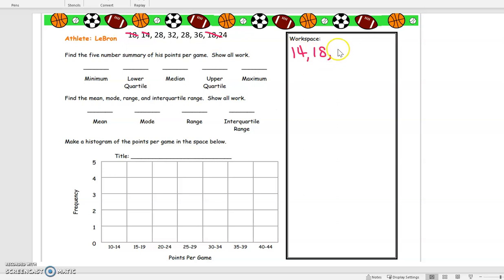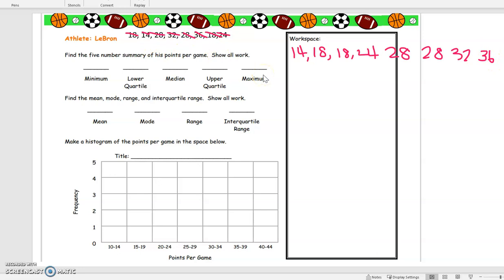So there are 2 18s, so I'll write 2 18s. Next I have 24. Then I have 2 28s. 32 and 36.